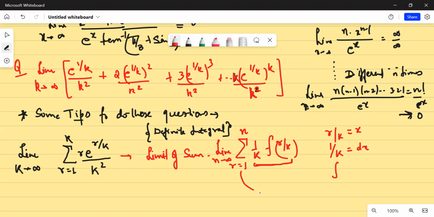This is one working rule right now I'm telling you, a working rule to solve such a problem.